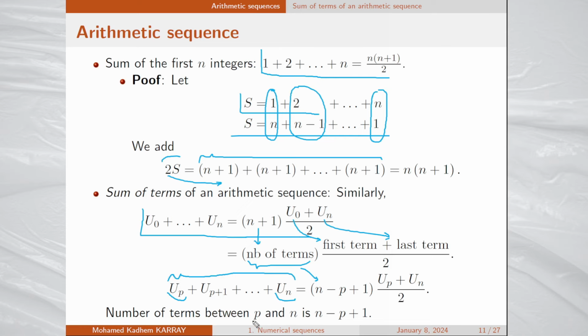Observe and remind that the number of terms between p and n equals n minus p plus 1. Don't forget this plus 1 for this number of terms. Okay, so you see that this formula permits to get the sum of terms for any arithmetic sequence beginning with an arbitrary index p and ending with an arbitrary index n.